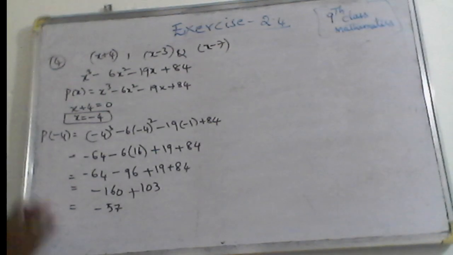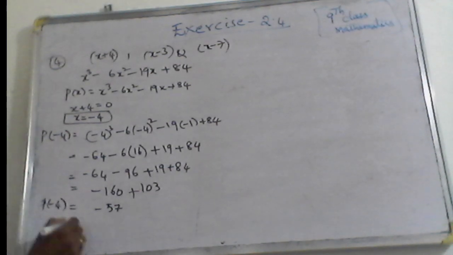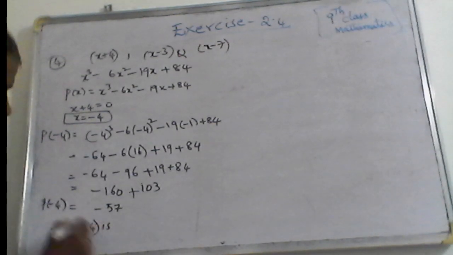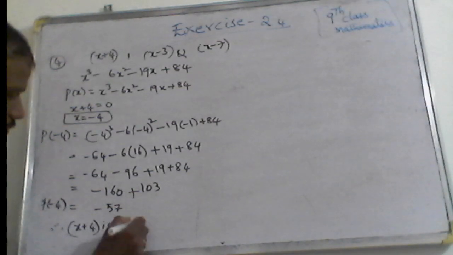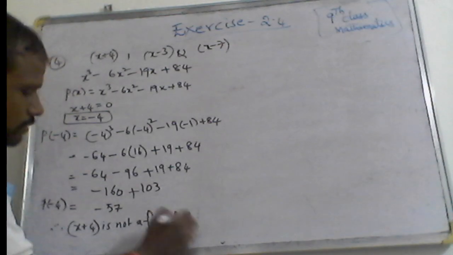So p of minus 4 equal to minus 57. Therefore x plus 4 is not a factor of the given polynomial.